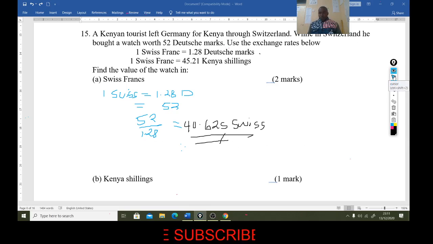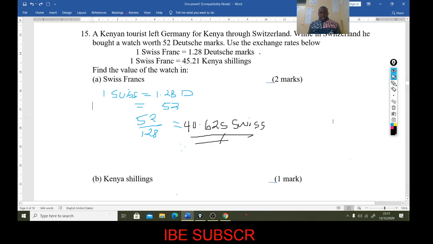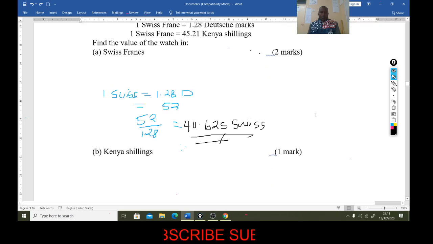Then, that money in terms of Kenyan shillings. We know that 1 Swiss franc equals 45.21 Kenyan shillings.